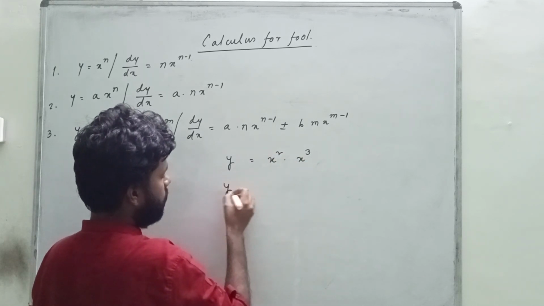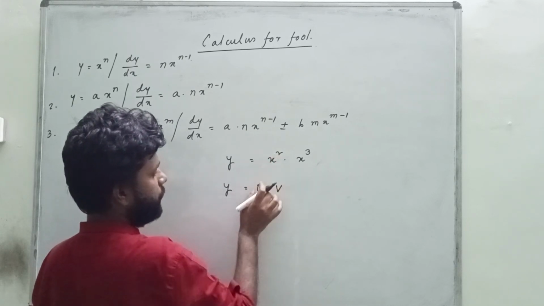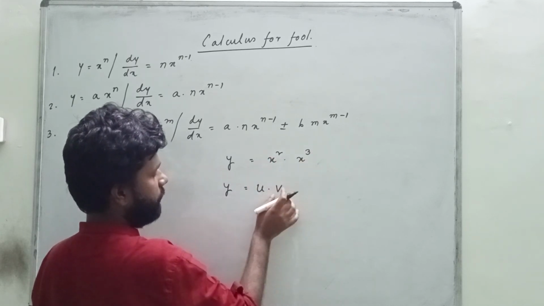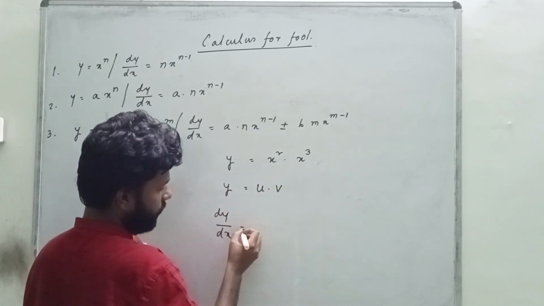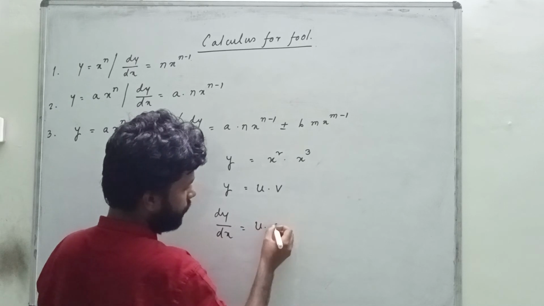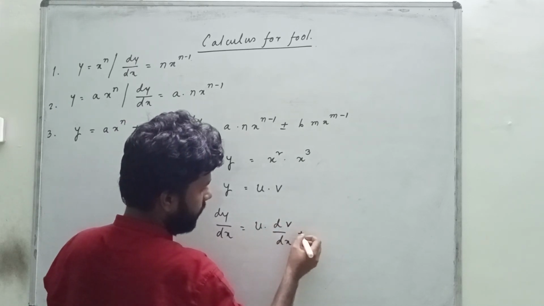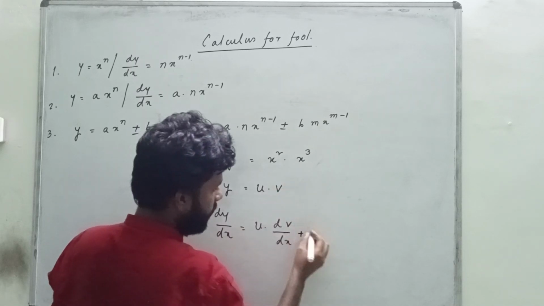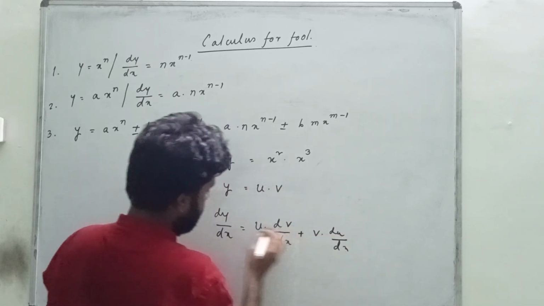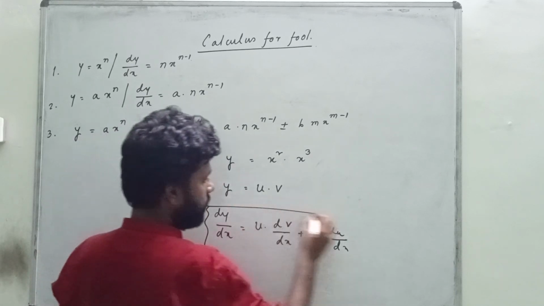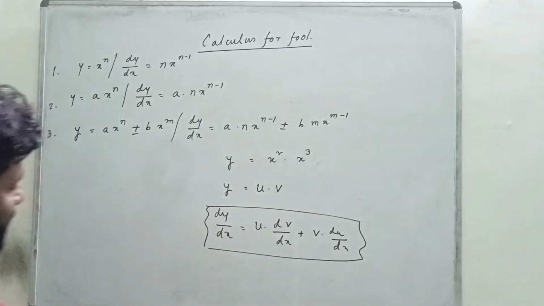If y equals u into v, where u corresponds to v, then dy dx goes to u into dv dx plus v into du dx. It is the product rule for dy over dx.